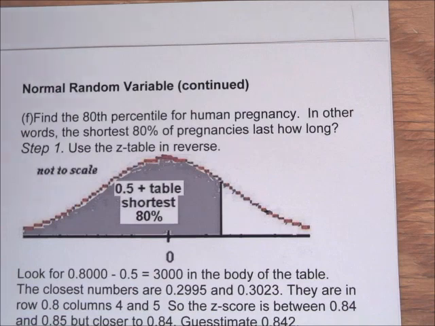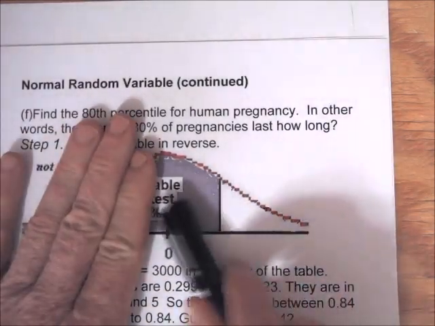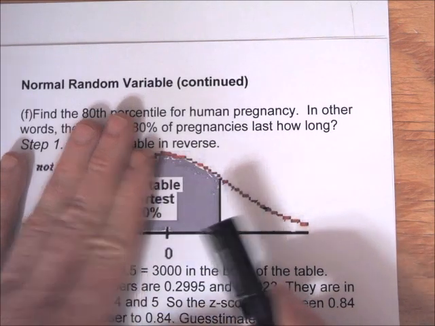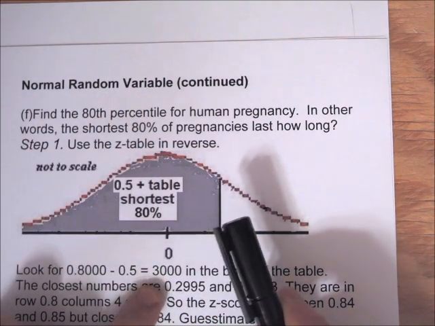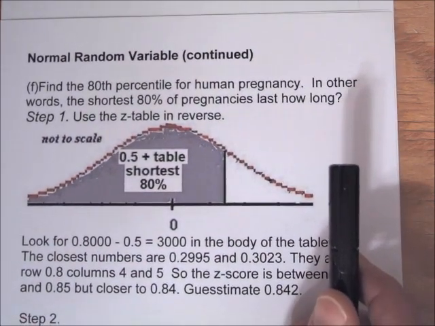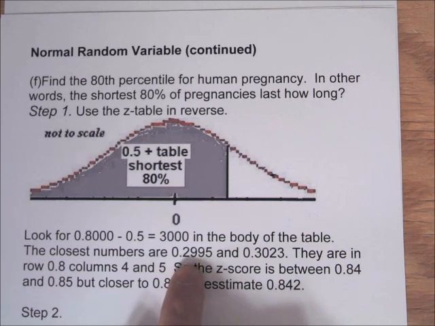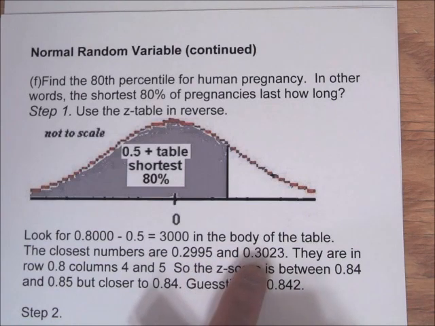Now, if we're using a one-page z-table, only the upper half is going to be in the table. So we need to subtract 0.5 and look for 0.3000 in the body of the z-table. The closest numbers are in row 0.8, columns 4 and 5.